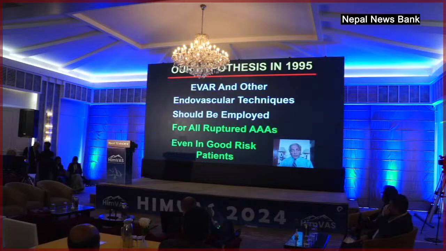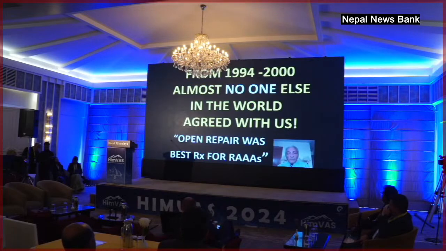These surprisingly good results led us to the hypothesis in 1995 that EVAR should be employed for all ruptured AAAs, even in good risk patients. From 1994 to 2000, almost no one else in the world agreed with us. They all felt that open repair was the best treatment for all ruptured aneurysms.